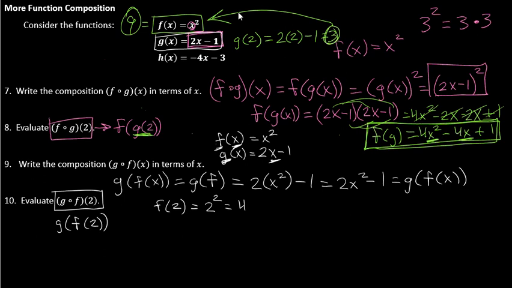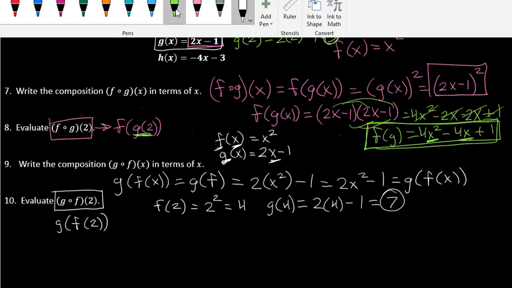And then I can plug that guy into g. So that would be g of 4. So that would be 2 times 4 minus 1, which would be 8 minus 1 is 7. So my answer I should get is 7.